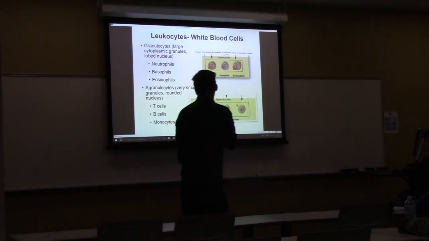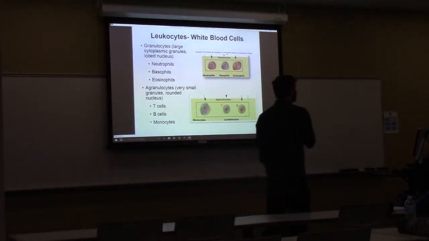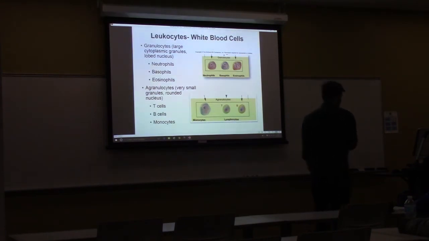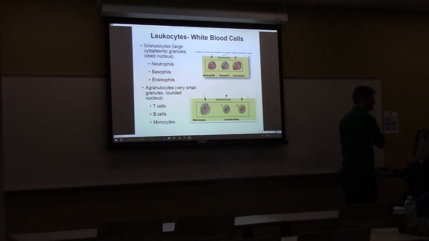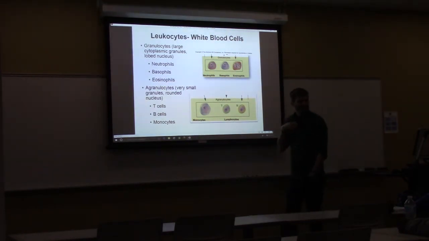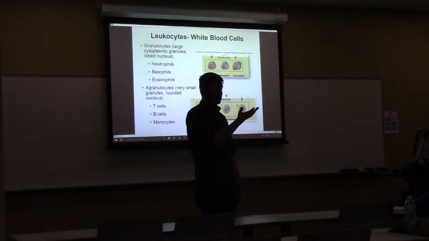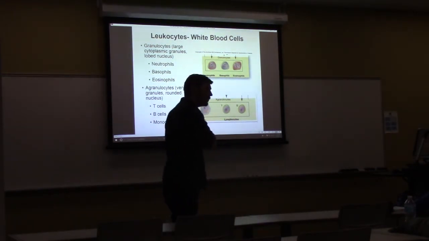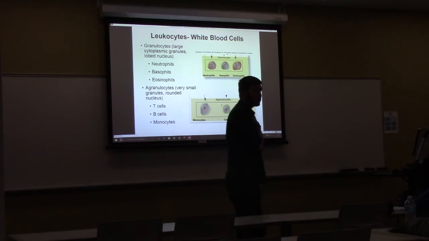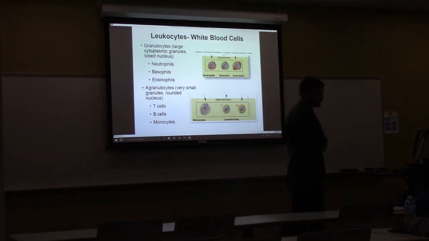Within the granulocytes, you have neutrophils, basophils, and eosinophils. What is a neutrophil? It's like the garbage truck. The garbage trucks, right? They're phagocytes. They're the most abundant immune cell. Their job is to gobble up foreign material and then die. Okay.